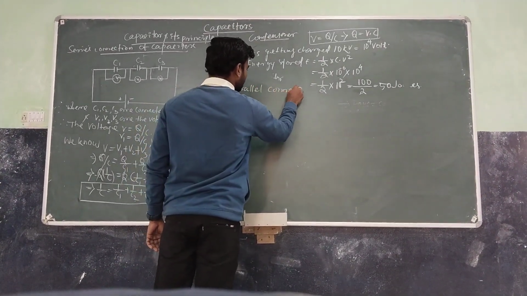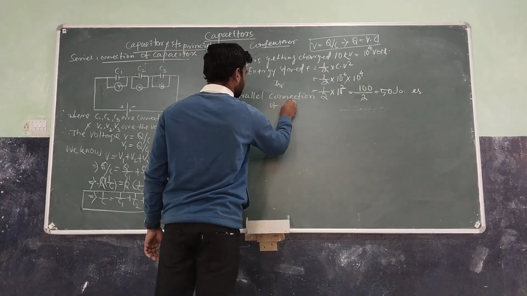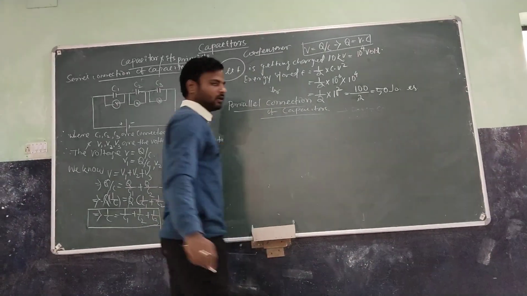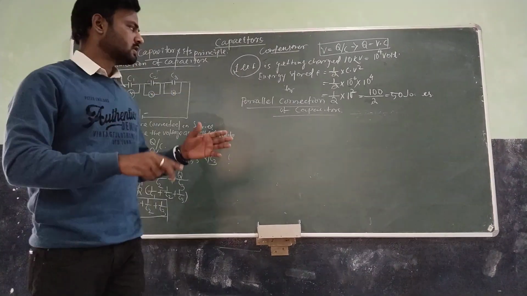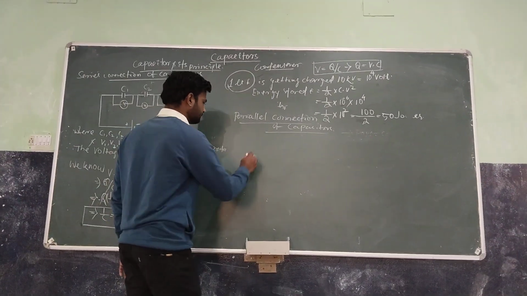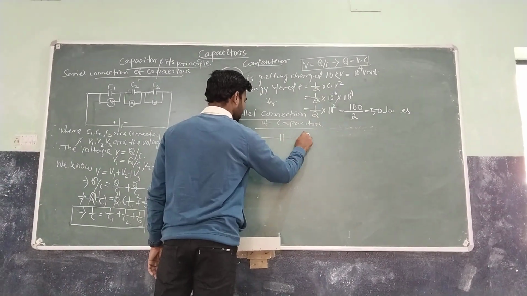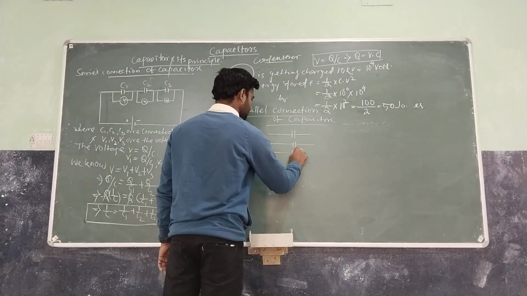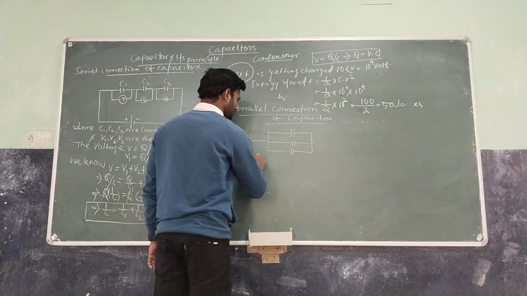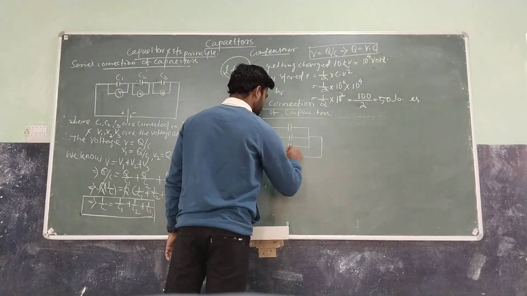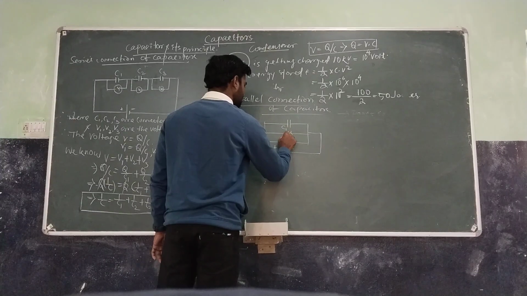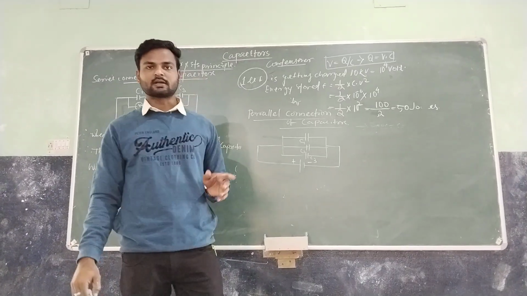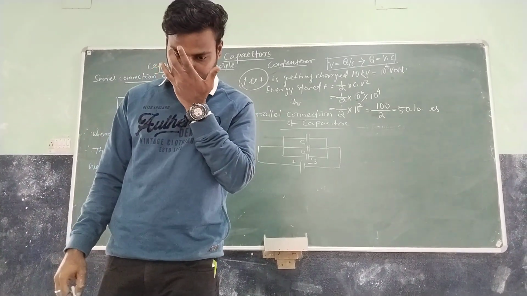Parallel combination of capacitors. Here we are taking three capacitors C1, C2 and C3 connected in parallel in a circuit.